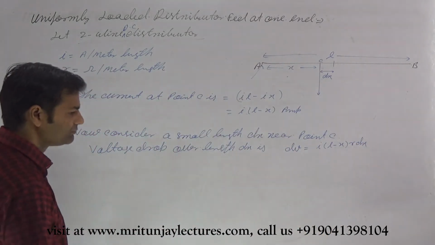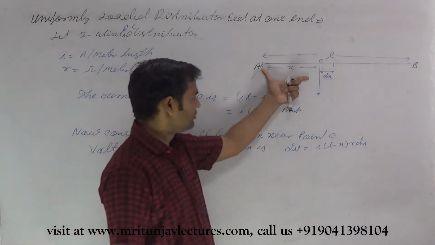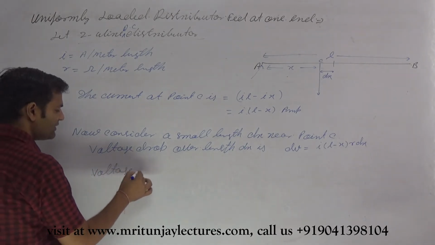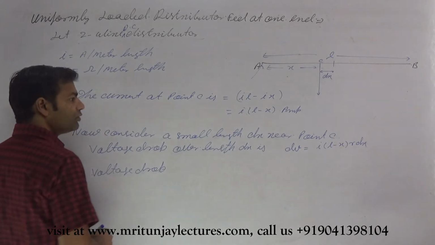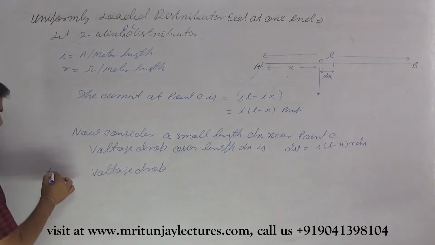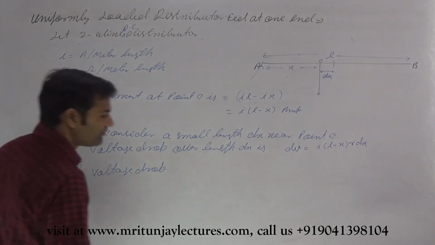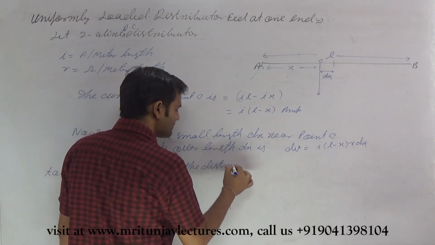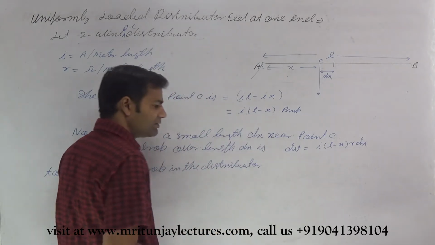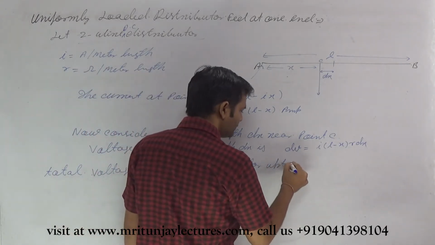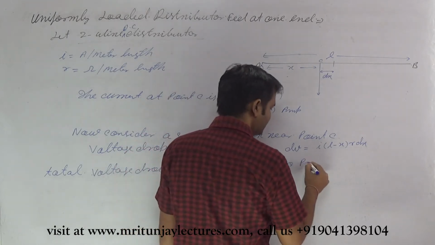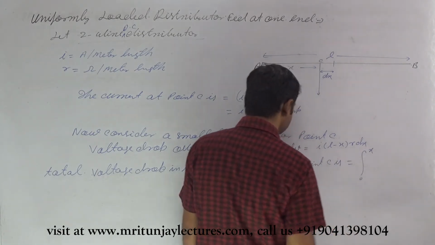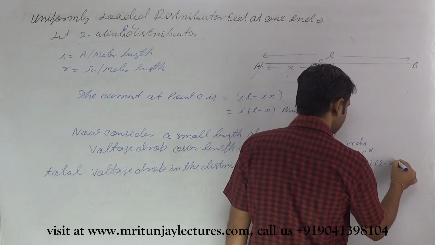Now if you determine the total voltage drop in the distributor up to point C, that is from 0 to X, the integral of I(L minus X) R dx.